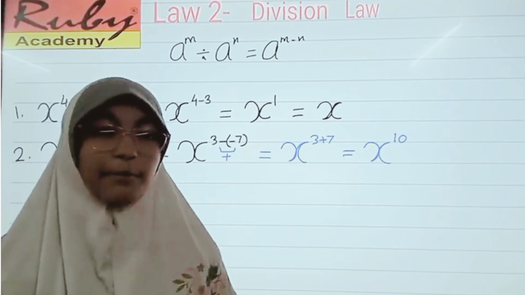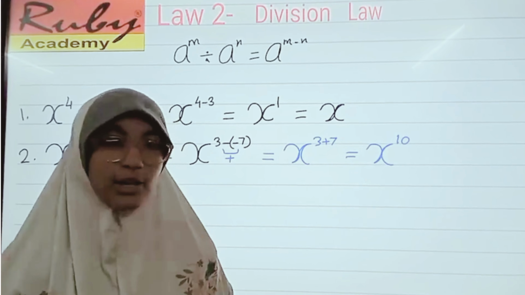Now let's take an example of the fractional powers. So for example, we have x raised to 4 upon 5 divided by x raised to, let's take 3 upon 5.